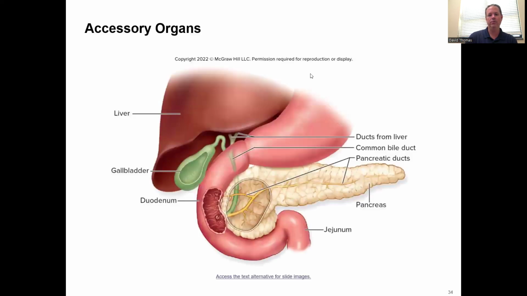So let me back up and show you here. There's a stomach up here. Remember, the stomach has a pH that's very low, very acidic, HCl, hydrochloric acid. And so when that passes into the intestines, you need something to balance out or neutralize that acid. So one of the things that the pancreas is doing is making a base type solution, a bicarbonate type solution. It's going to go into the intestines and help balance out the pH. That's going to help the enzymes here work a little bit better.